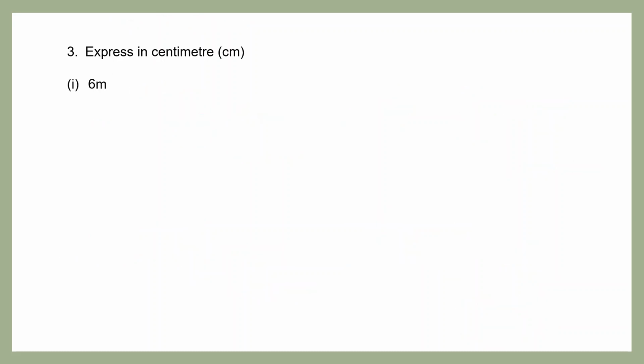Expressed in centimeters. So now we are going to apply decimal fractions in these units of length, meter and centimeter. We are going to convert meter to centimeters. Now in 1 meter we have 100 centimeters. We need to remember these. So let's start question 3.